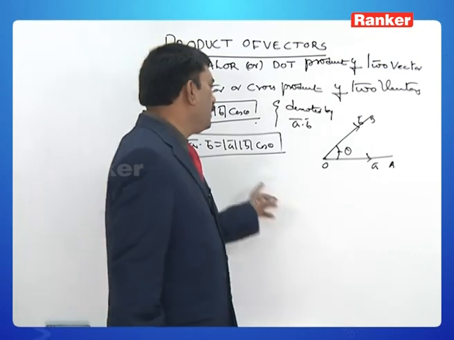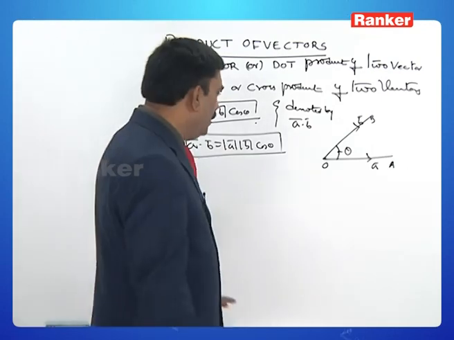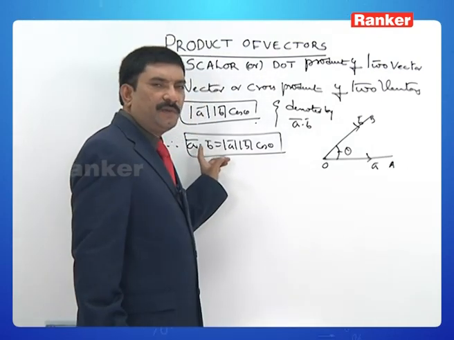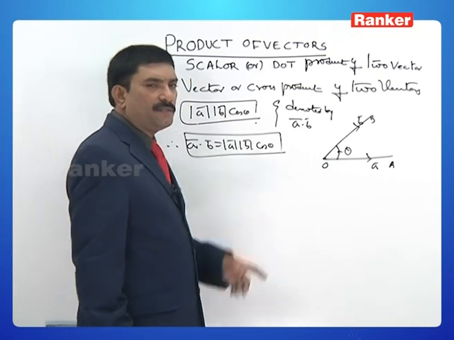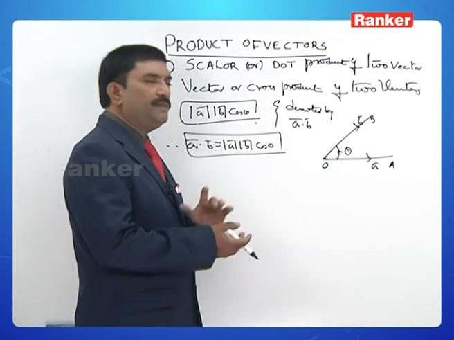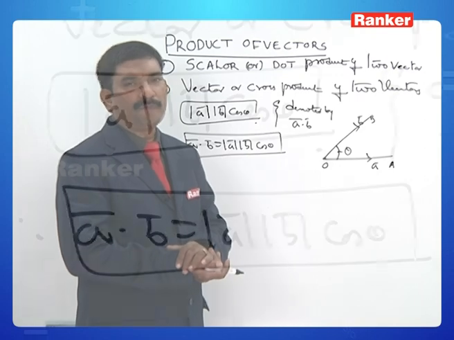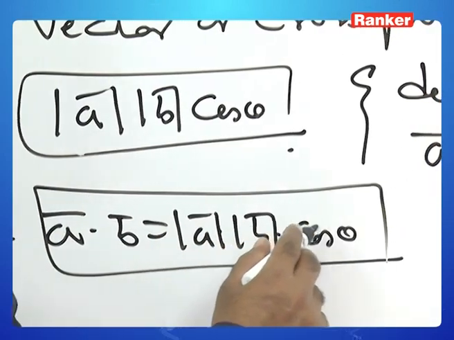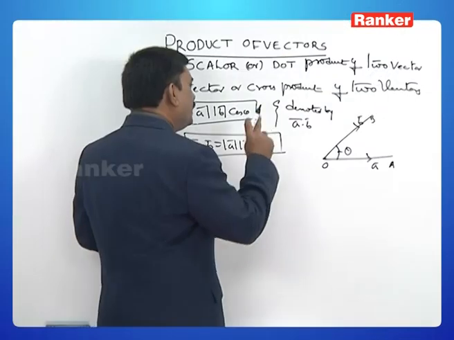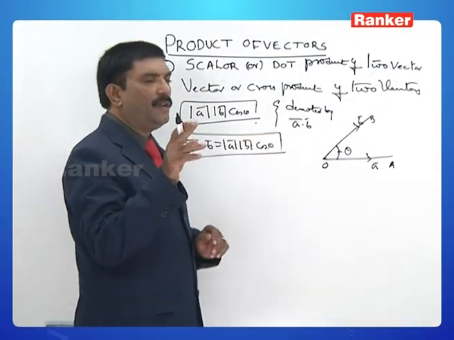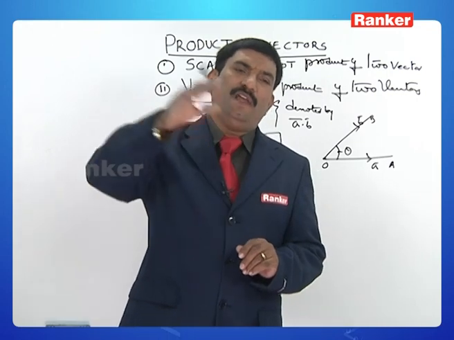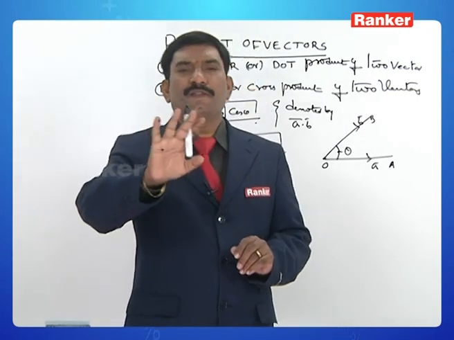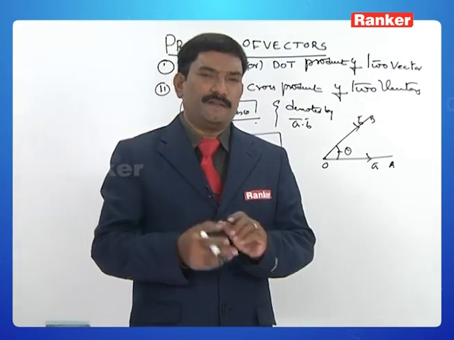This is called the dot or scalar product. When the LHS is a scalar, the RHS is also a scalar. Therefore, LHS equals RHS. So A dot B equals mod A into mod B into cos theta means the dot or scalar product of two vectors is always a scalar. It is not at all a vector.